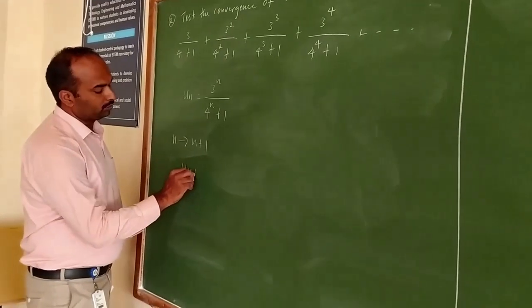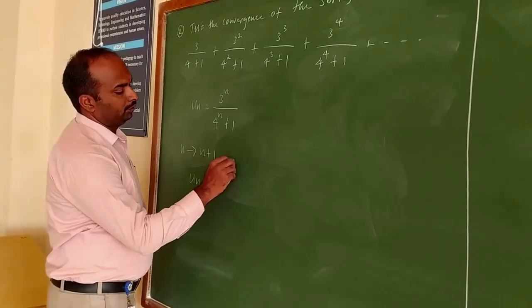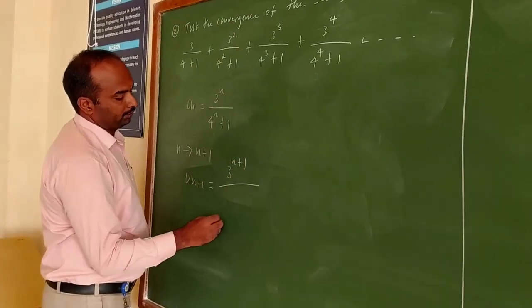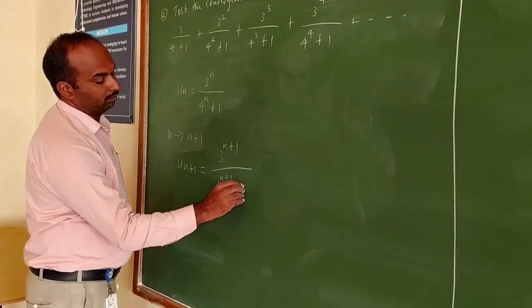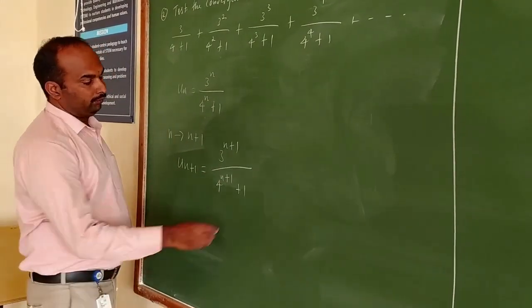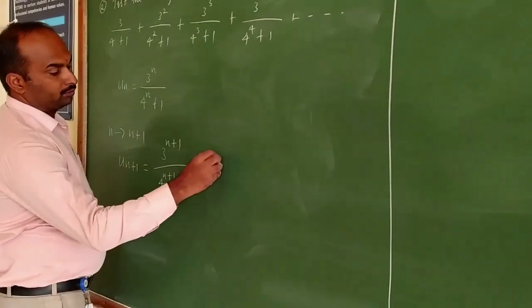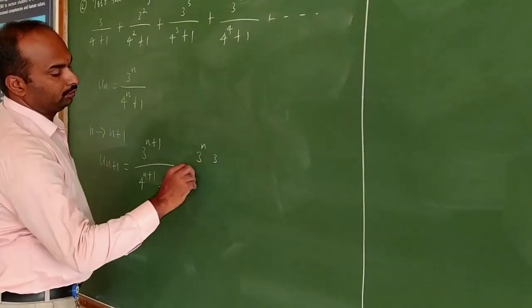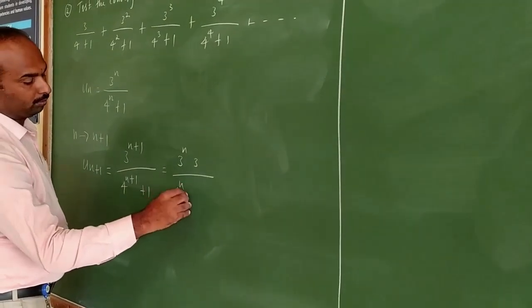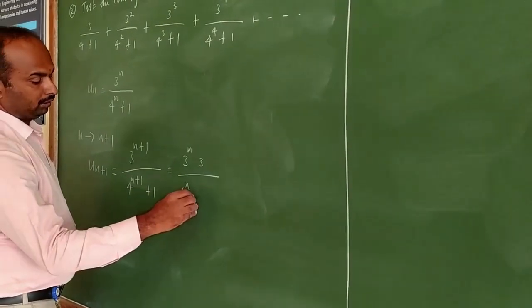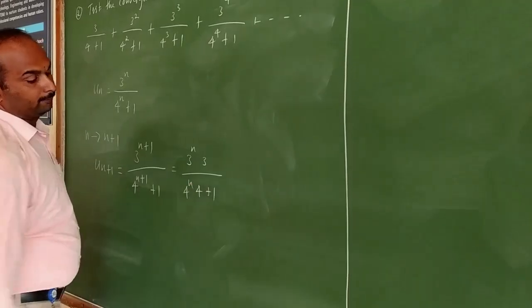So un plus 1 will be 3 to the power of n plus 1 divided by, here it becomes 4 to the power of n plus 1 plus 1. Or we can write this 3 power n plus 1 as 3 power n into 3, divided by 4 power n plus 1 can be written as 4 power n into 4 plus 1.